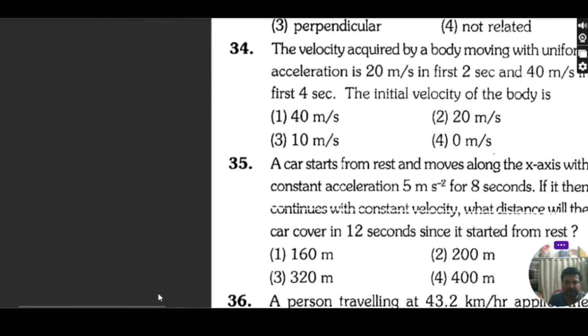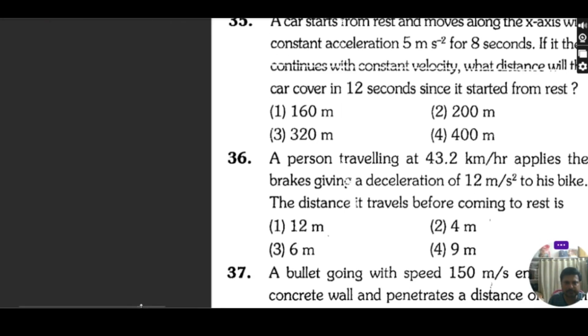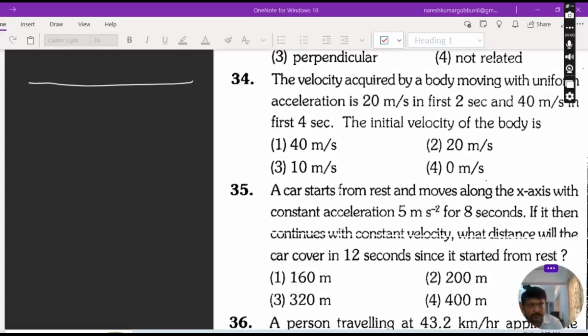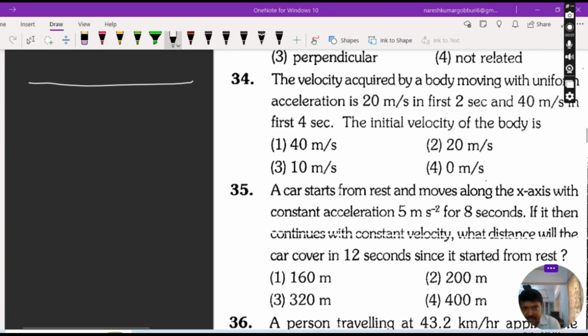Next, 34th question. The velocity acquired by a body moving with uniform acceleration is 20 meter per second in the first 2 seconds, and 40 meter per second in the first 4 seconds. The initial velocity of the body is? Here the initial velocity is denoted as u.